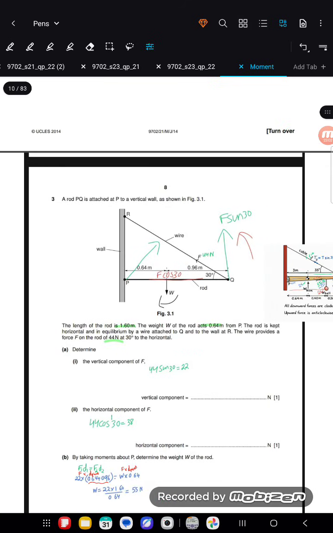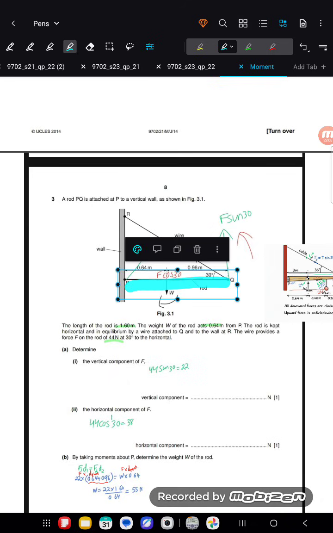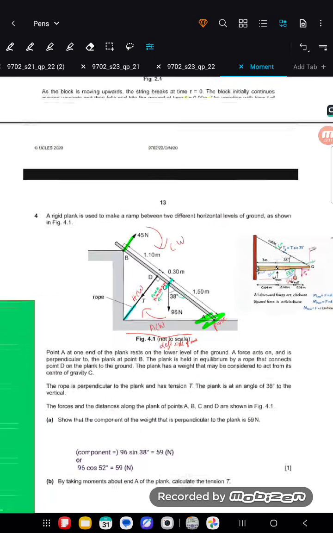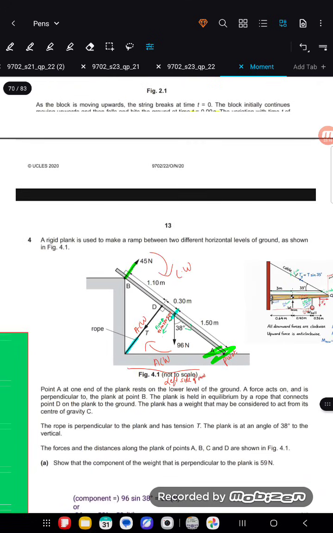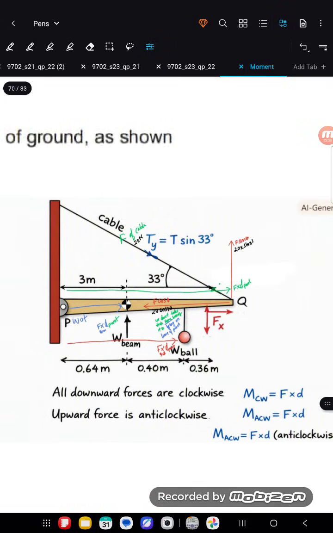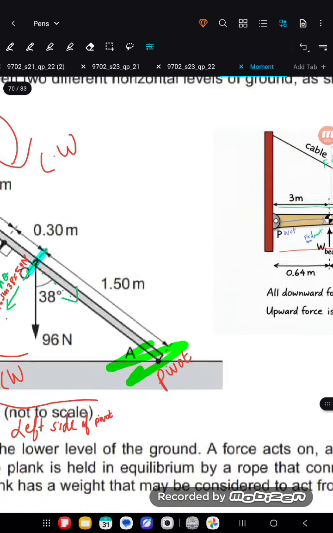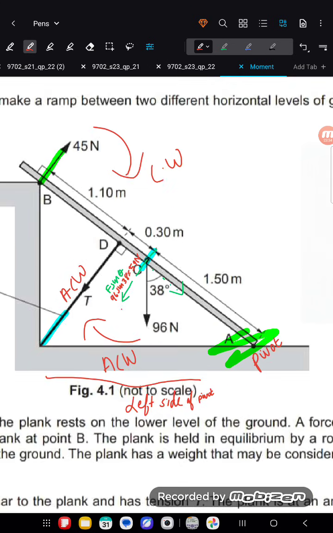So this is vertical force, this is vertical force, and this is horizontal force. In this type of question, see here, now this is upside down. Before it was like this, now you can see the pivot is down here, so all the forces are down. Now the pivot is this side and everything is on the left side.